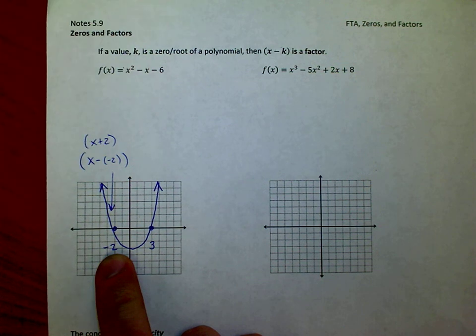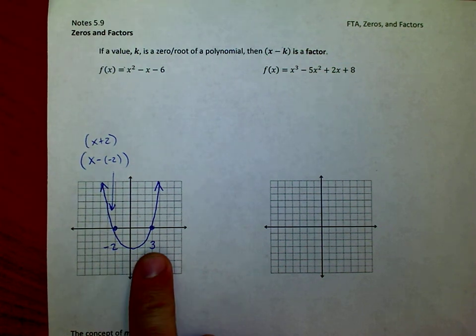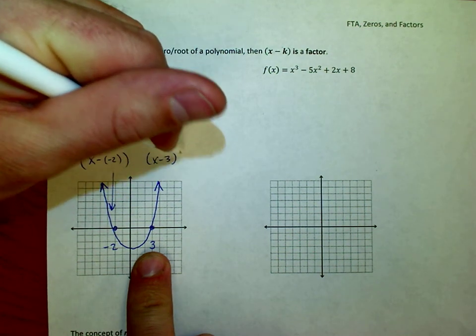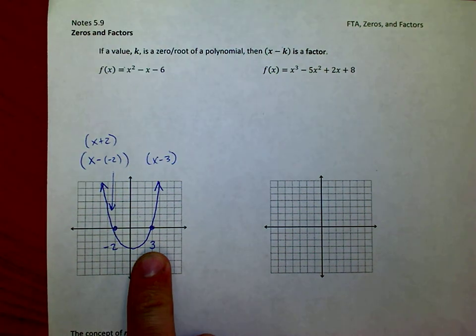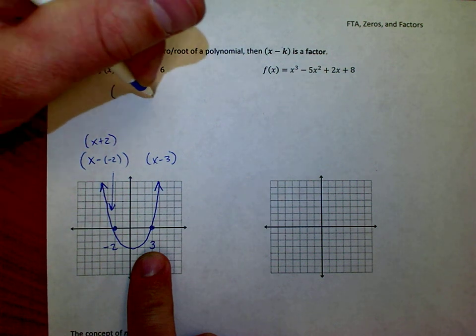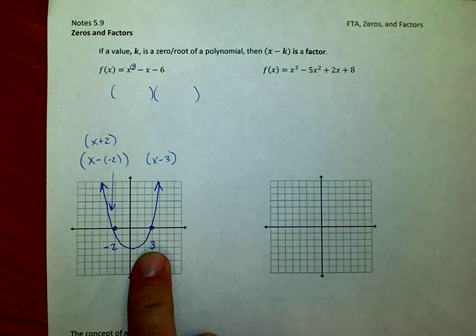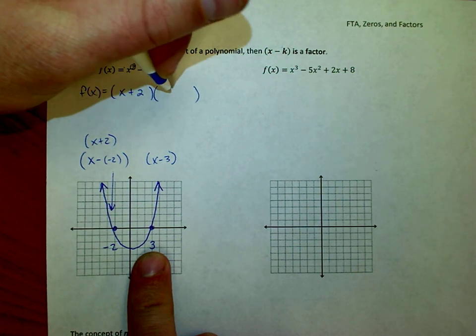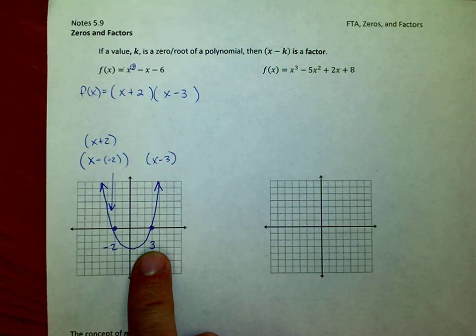And because 3 is a place where it crosses, x minus 3 is a factor of my equation. If it's a second degree equation, I'm going to expect to see two pieces of information multiplied together to get up to the x squared, and those are x plus 2 and x minus 3.